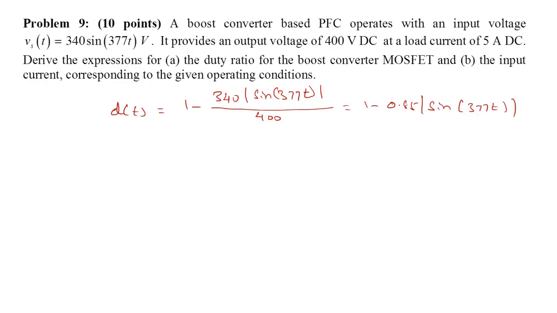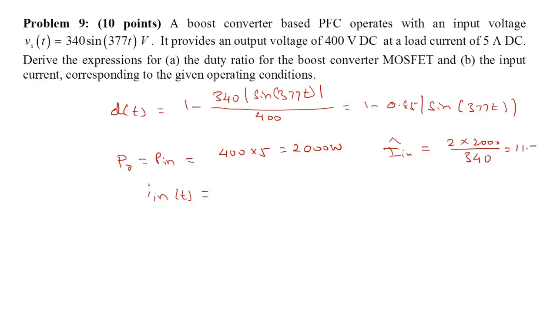Then to get the input current, let's calculate the power. P out is equal to P in, which would be load voltage of 400 volts times load current of 5 amperes, or 2 kilowatts. Therefore, input current I in of t would have amplitude I in peak equal to 2 times 2000 divided by the peak AC voltage of 340.